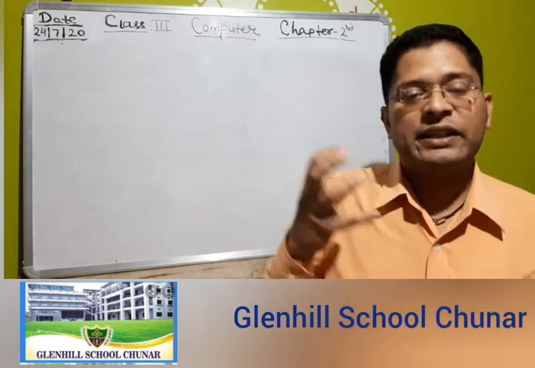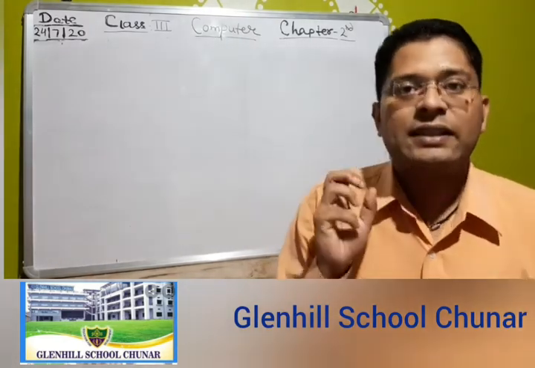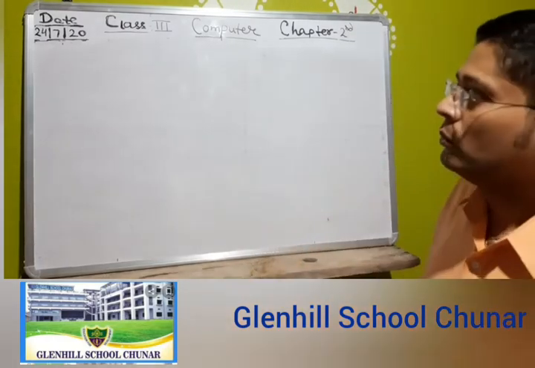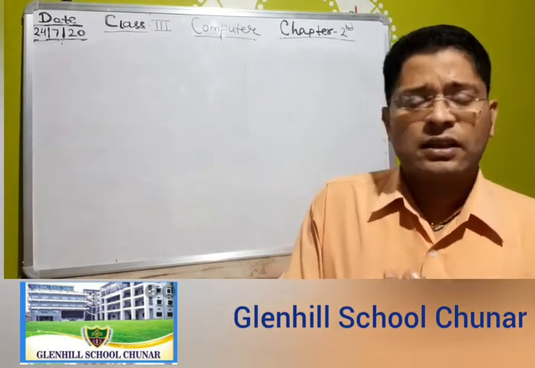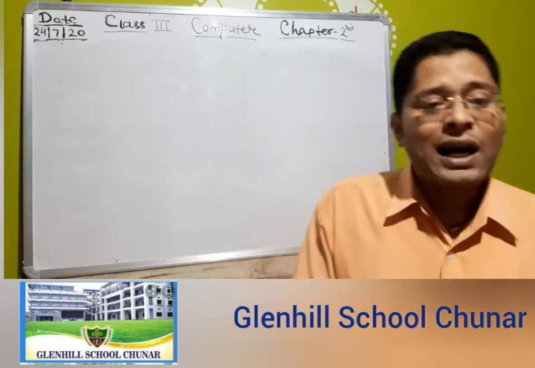I will take that first. What is computer, student? So you know well what is computer. Computer is an electronic device that accepts input, processes it and produces the output. Okay, student, clear what is computer. And what's the full form of computer?